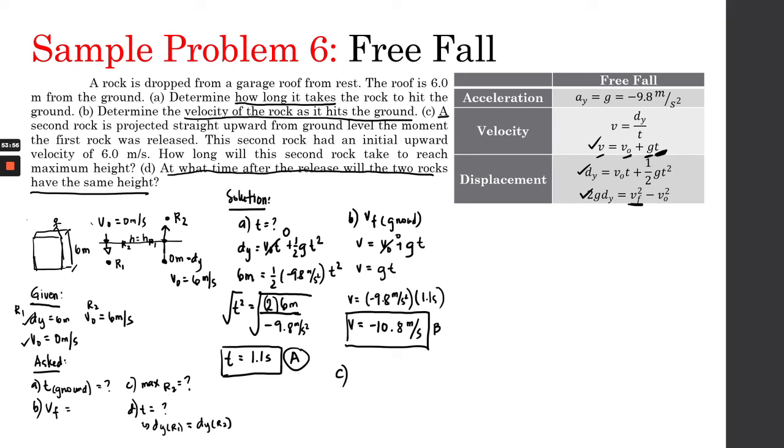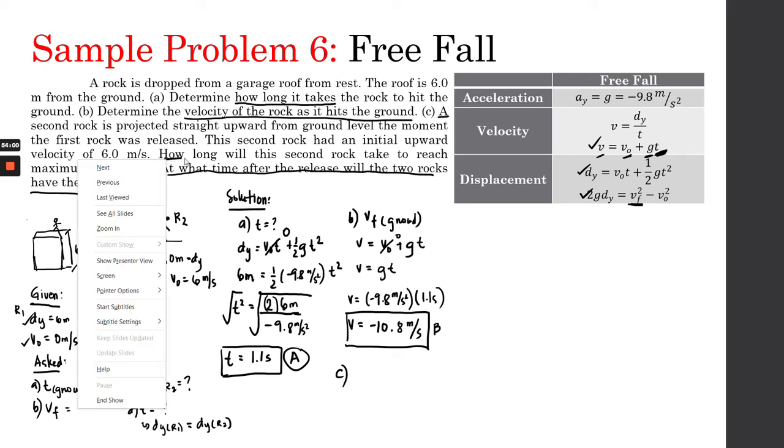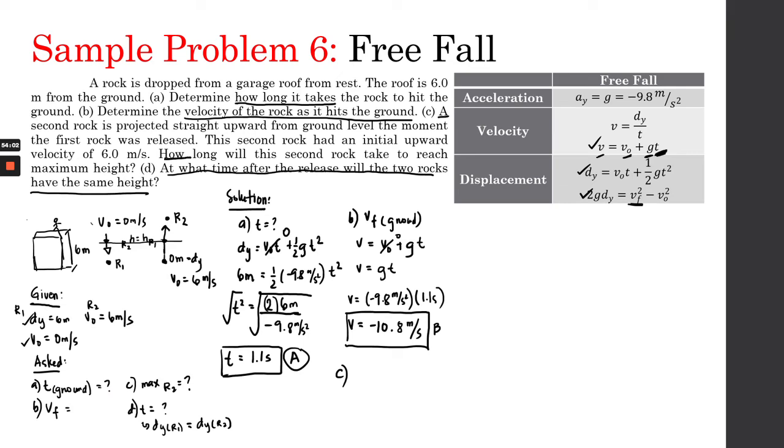Oh, for question C, how long will it take the second rock? We're not looking for the max distance, we are looking for the time. How long will the second rock take? So that's for time. We're not looking for the distance, we're looking for the time to reach the maximum height.